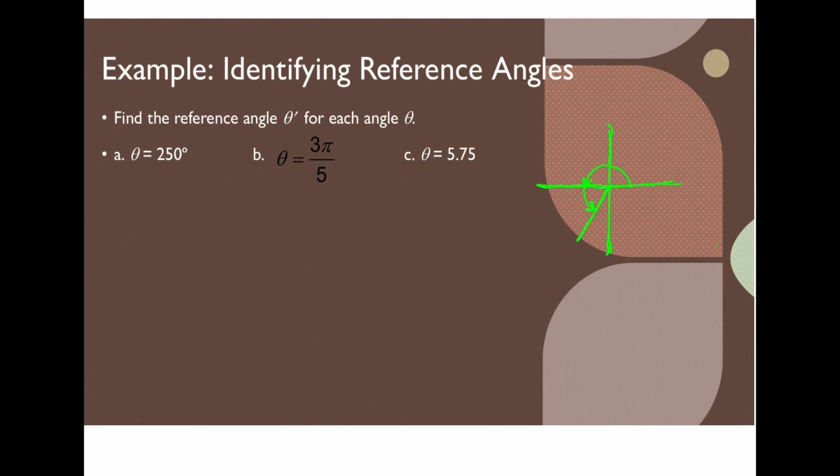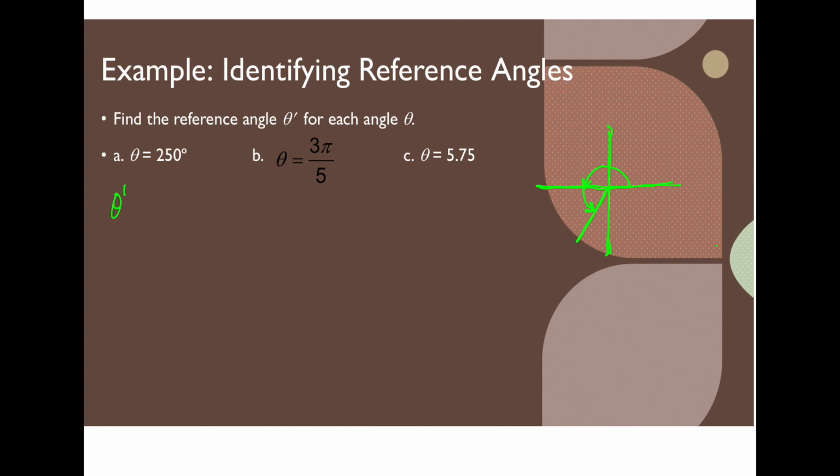And to get this, we're going to take our angle. So theta prime is going to be my angle, so 250, but then take out the 180. So that gives me 250 minus 180 is 70 degrees. So I know that from here to here, this is 70 degrees.